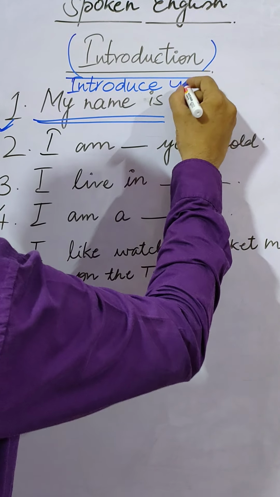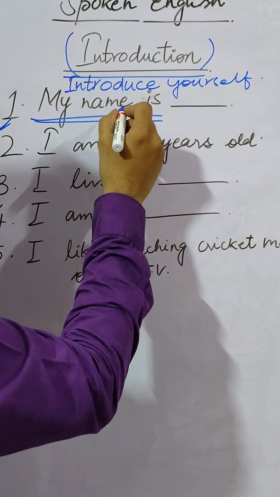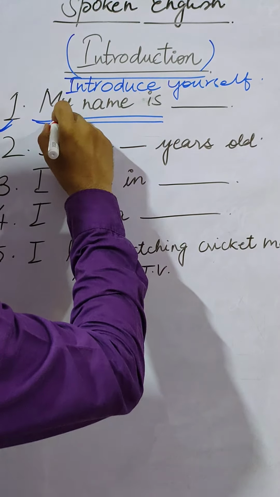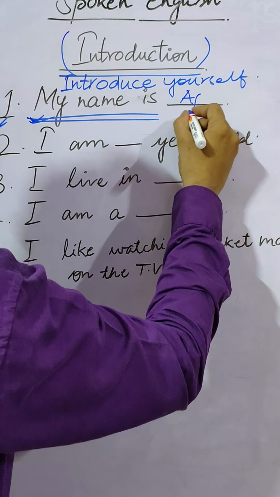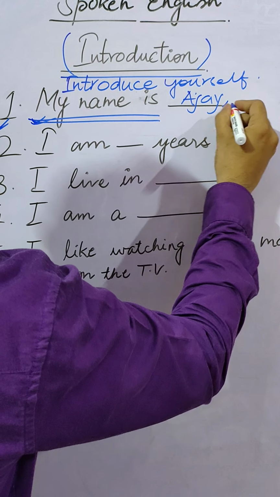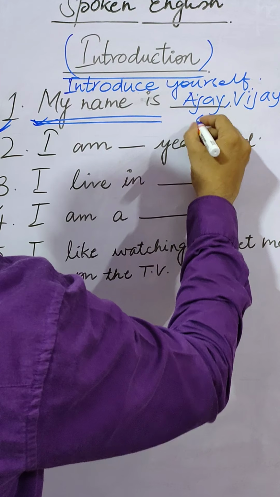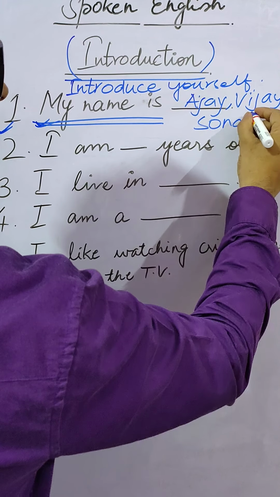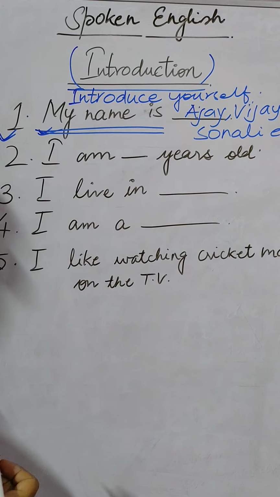Introduce yourself, and you have to say "my name is," and your name, like Ajay or Vijay or anything as such. Just say Kunal, or any girl name like Sonali or Richa, and so on. So you'll say like this, my name is, and your name.